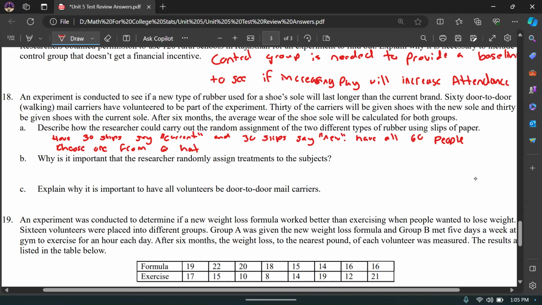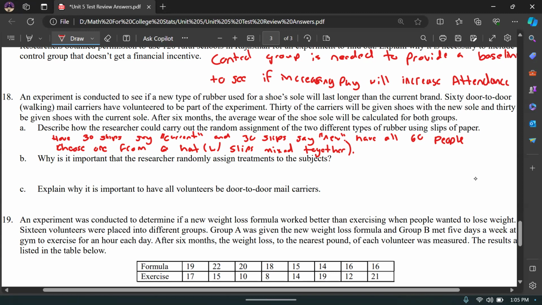I forgot to say it should be mixed together, with the slips mixed together. Yeah, so slips of paper, right? You should have 30 that say current. You can say even A and B, as long as you know what A and B represent. A can be the current, B can be the new ones, whatever. But have 30 that say one thing, 30 that say the other, and have them mixed up and randomly selected by each participant.